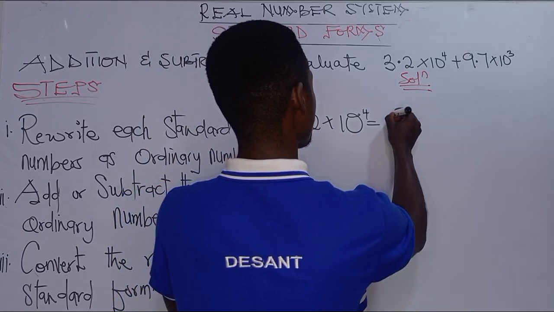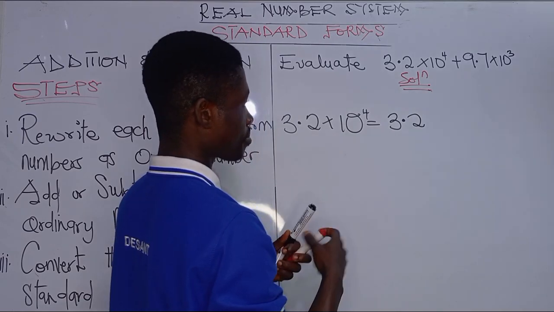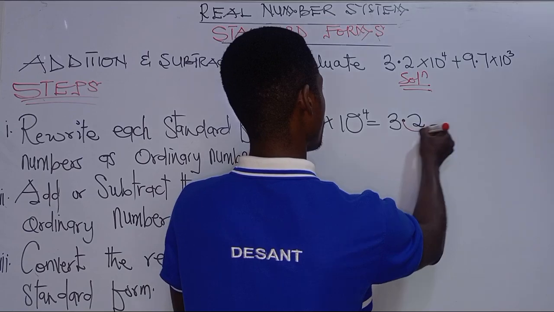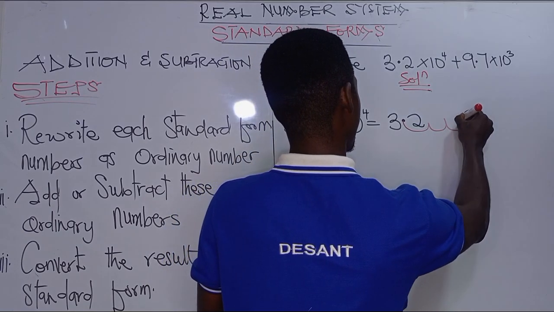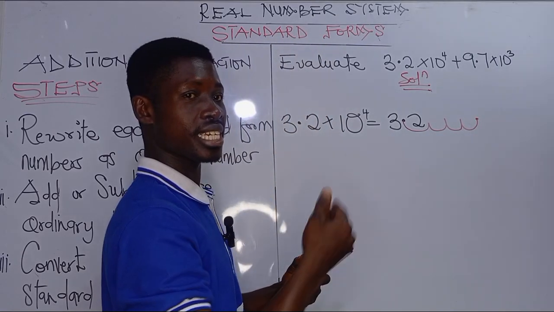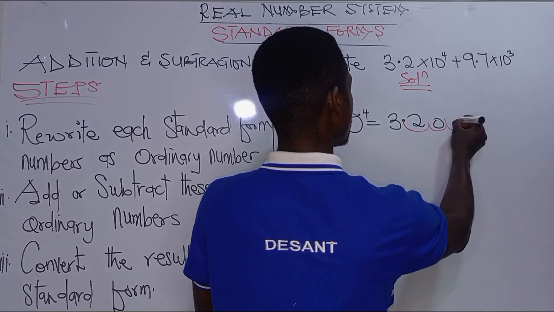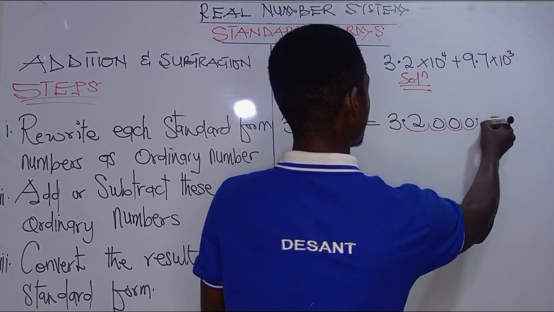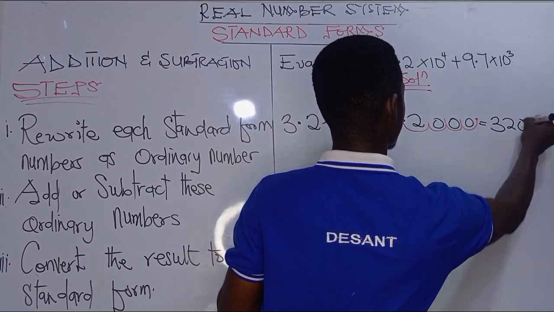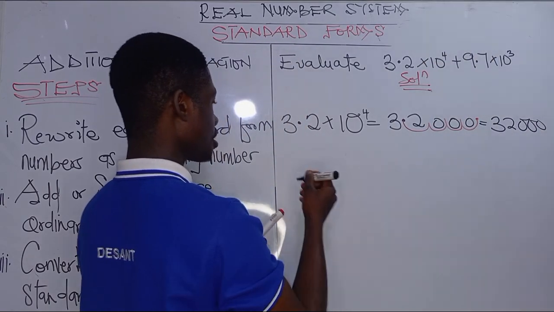So we move the decimal point 4 places to the right: 1, 2, 3, and 4. Then we fill each empty gap with zeros: 1, 2, 3. So our number becomes 32000. Good.